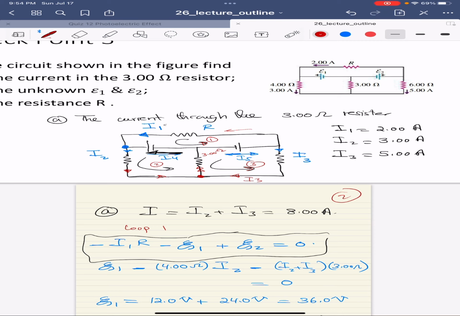Then going from positive to negative gives negative EMF1, and going from negative to positive gives E2, and that equals 0.